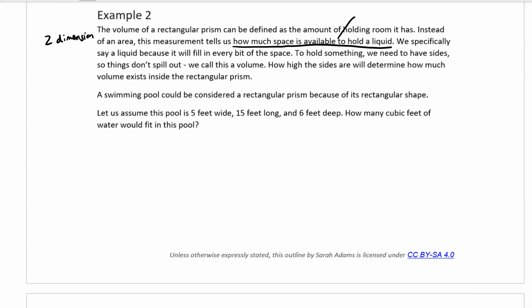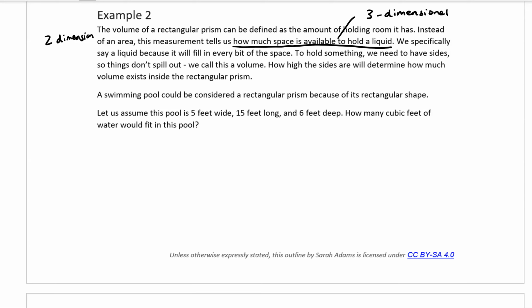So this is a three-dimensional measure. We specifically say a liquid because it will fill in every bit of space. To hold something, we need to have sides so things don't spill out. We call this a volume. How high the sides are will determine how much volume exists inside the rectangular prism.